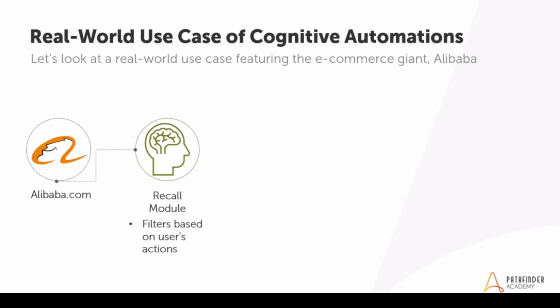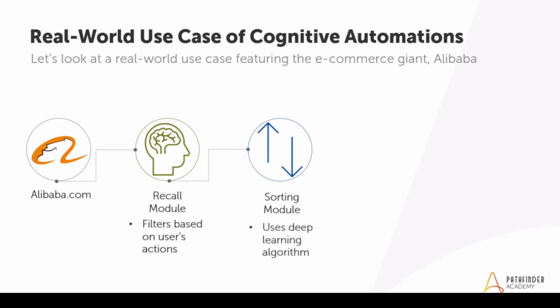Okay, so let's delve into the intricacies of Alibaba's real-world use case, demonstrating the magic that happens behind the scenes to tailor your shopping experience. Imagine the recall module as your personal shopping assistant. It responds instantly to your clicks and cart additions, fetching products aligned with your interests.